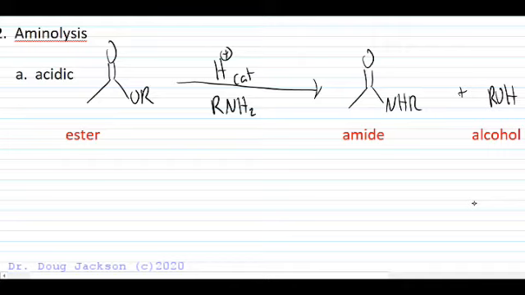And eventually it will all convert to amide as long as we only use a catalytic amount of H+. So we don't want to overload the lone pairs of the amine, but we can catalyze this, speed it up with acid here.